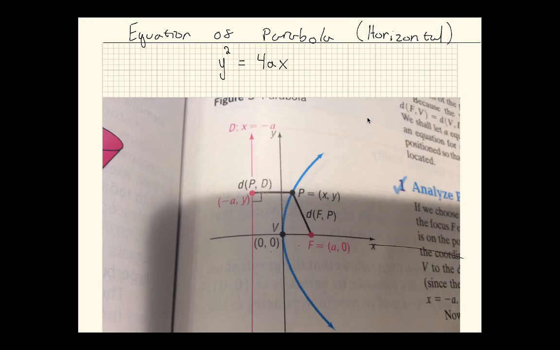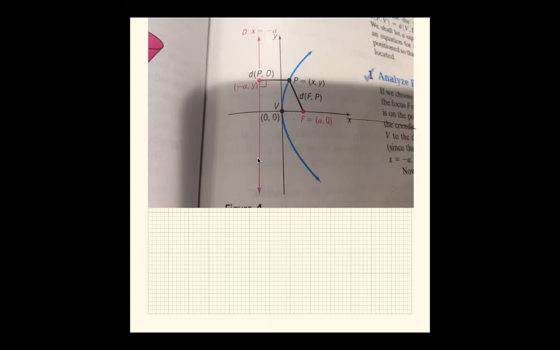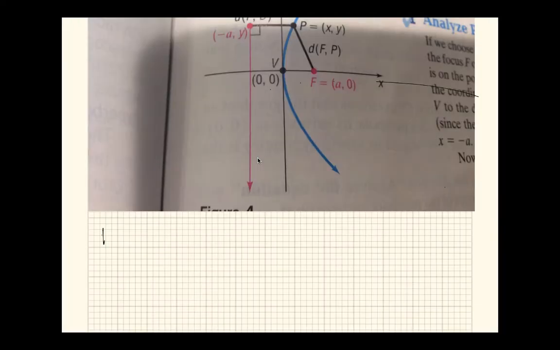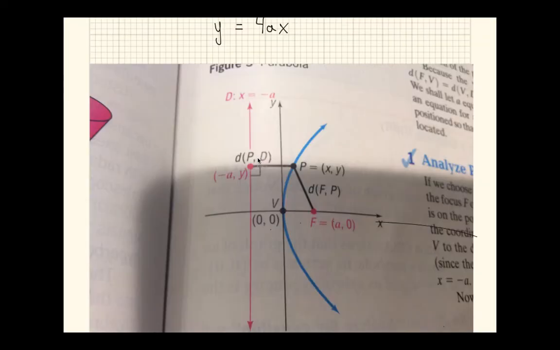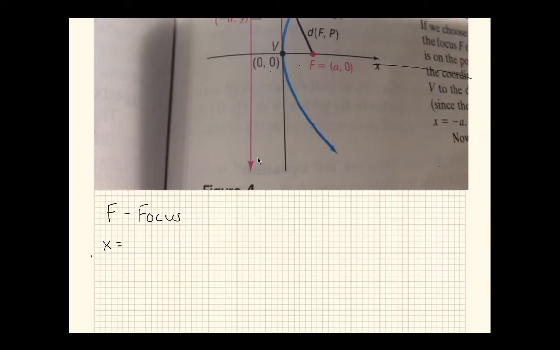like. And I know there's a lot going on in this picture, so let me just try to describe it. So every parabola has what's called a focus and a directrix. So F is the focus, and this line here, x equals negative a.